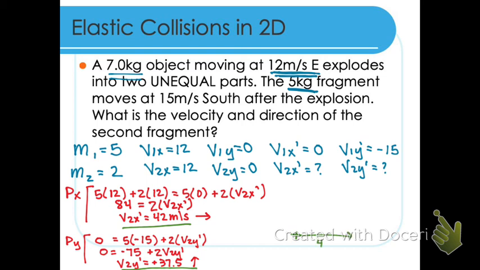Okay, so here's 42. And then here is 37.5. And so what I'm really looking for is this hypotenuse, right? It's back to just basic vector addition here to find that hypotenuse and the angle.